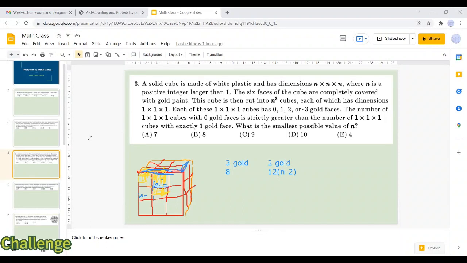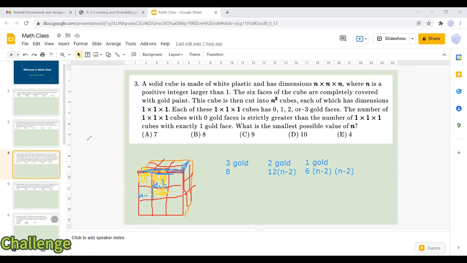And for the middle, there's just one part of the cube, which is the middle piece for this cube. So for the cube that would have no paint on it, since the volume of the small cube is 1 times 1 times 1, it's going to be 0 gold.